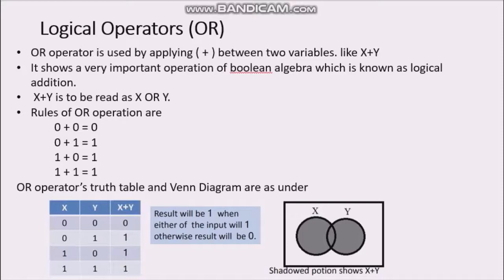In the OR operation, these are the possible inputs for two variables and the possible outputs. When you say false or false, it will return false. False or true is true. True or false is true. True or true is true.